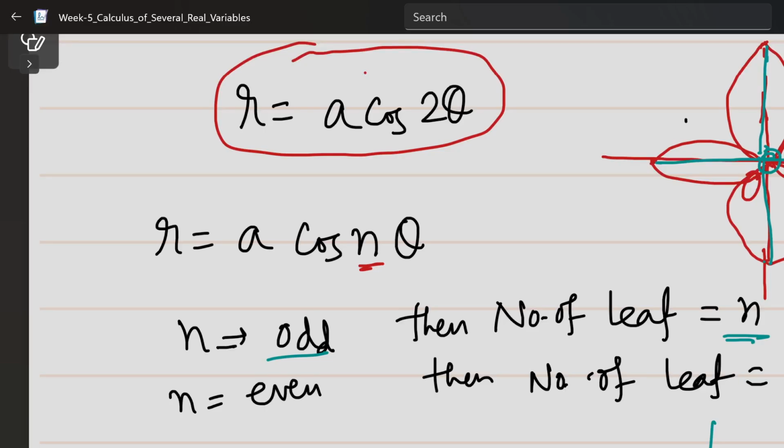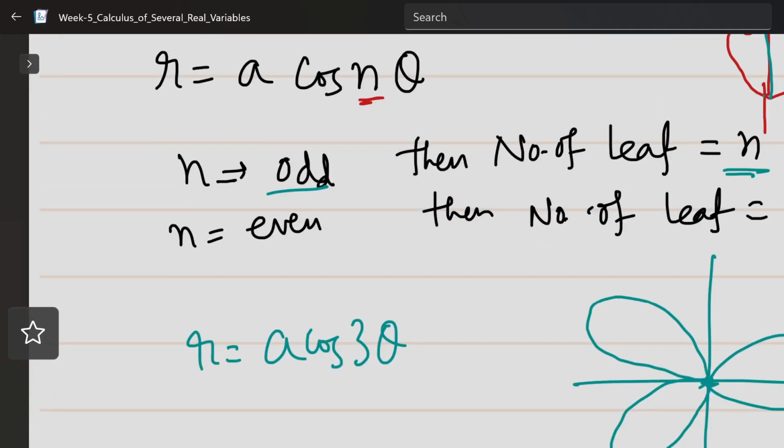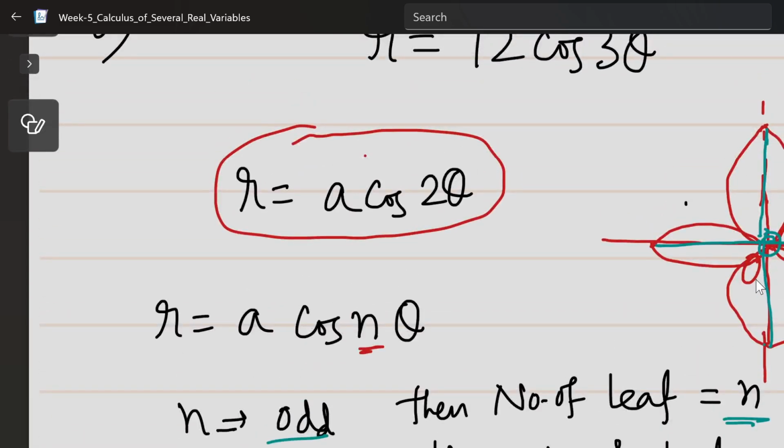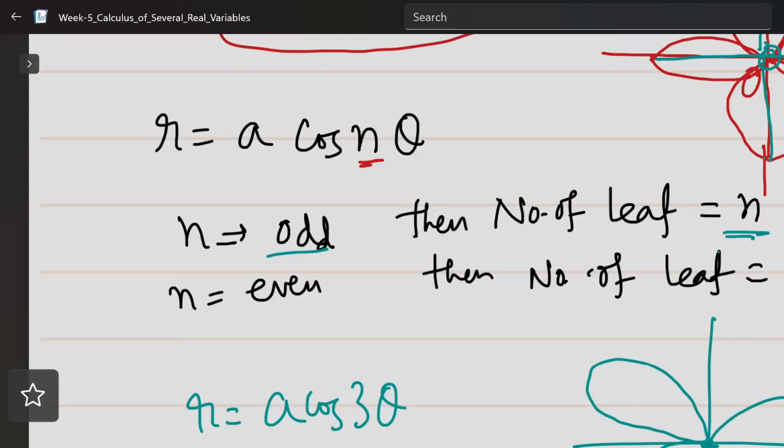Even means it is always symmetric about both axes. So 2 theta, where 2 is even, is symmetric about x and y both axes. But odd means there are an odd number of leaves, so it is symmetric about only one axis.